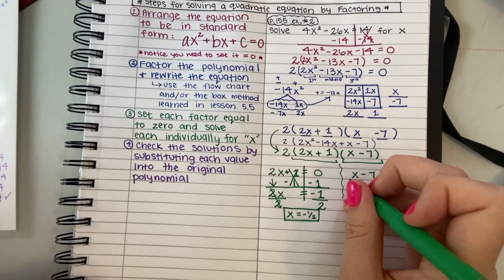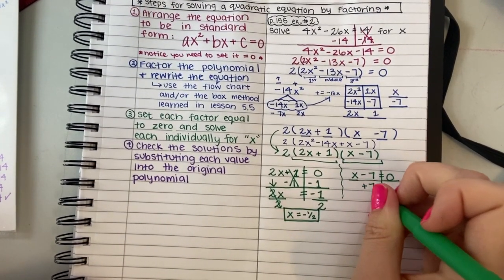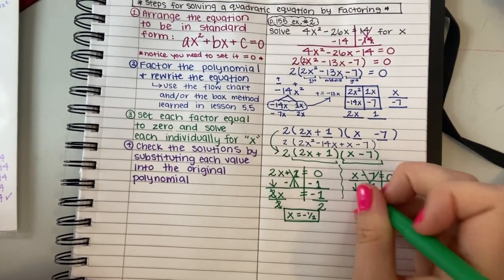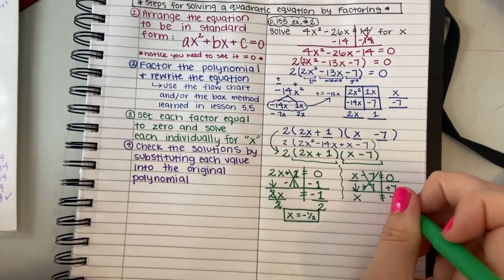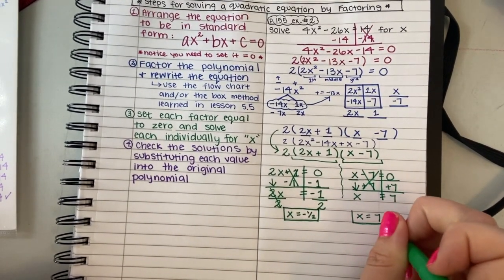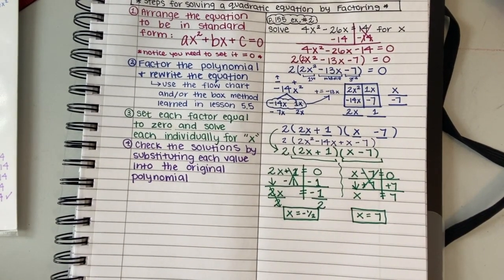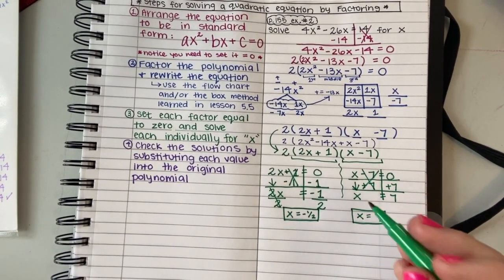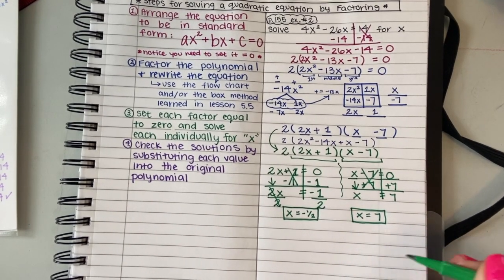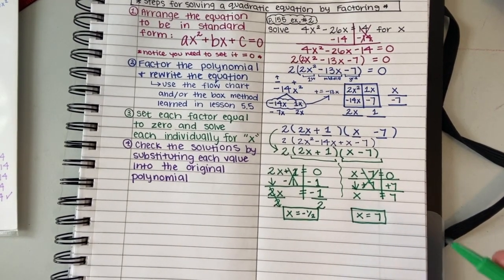Draw my line. Add 7 to both sides to get rid of it. Bring down my x. X equals 7. So with quadratic equations, almost always you're going to have 2 values for x. And when we look at this on a graph, it'll make a little bit more sense. But right now, just know that you will almost always get 2 values for x.